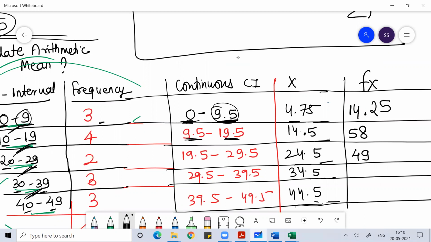Correct me if I'm wrong. 34.5 into 3, that would be 103.5. 44.5 into 3, that would be 133.5. So you'll get these values. Check all this with a calculator.